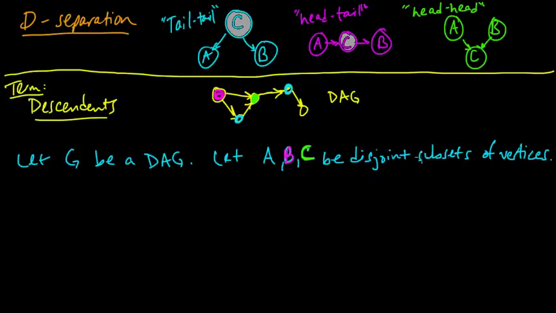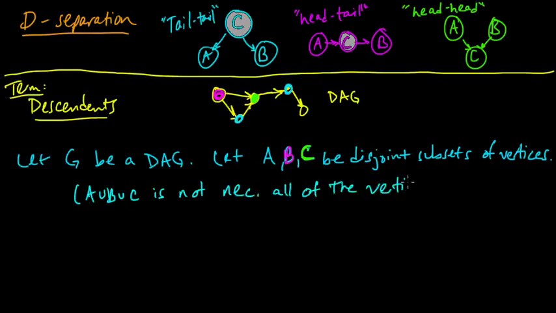I didn't say that the union of all of them was all of the vertices. I just said that these were disjoint subsets of vertices. Okay, so this is our little setup. Let me make that explicit: A union B union C is not necessarily all of the vertices of G.